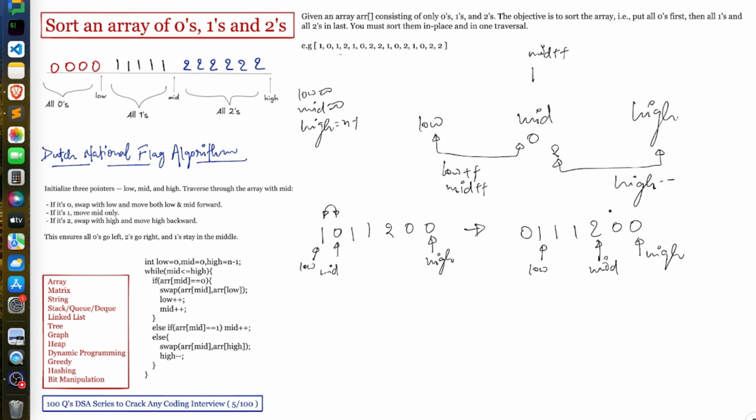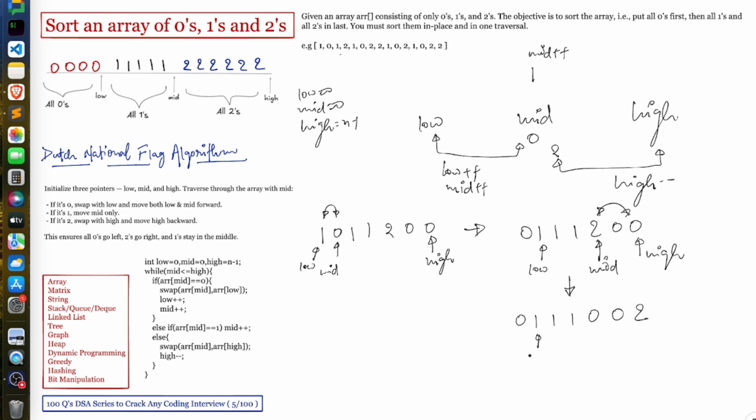Here. Now the number at index mid is 2. So once you encounter 2, what you do, you swap with high and move high one step backward, right? So now we have to swap these two and move high one step backward. Once you do that, your array would be 0 1 1 1. Now once you do the swap operation, this is 0, this is 0, this is 2.